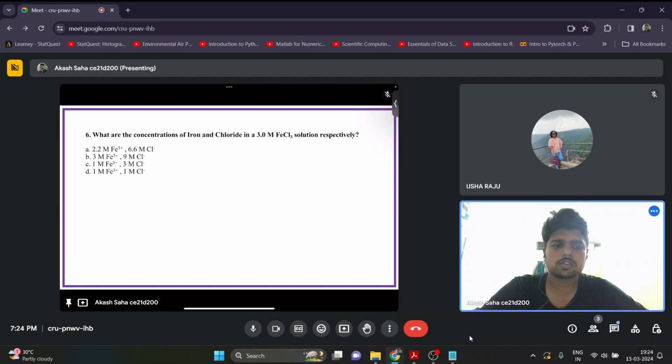Okay, so the question says, what are the concentrations of iron and chloride in 3 molar FeCl3, that is ferric chloride solution, respectively? So we have to find out the concentrations of iron and chloride.